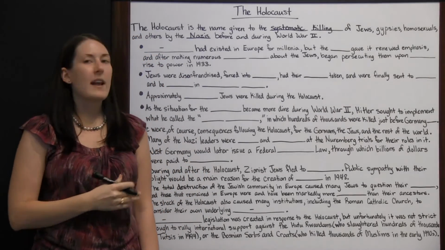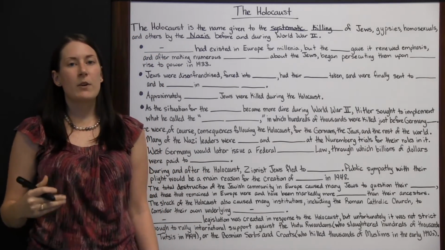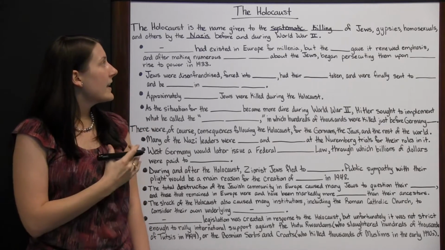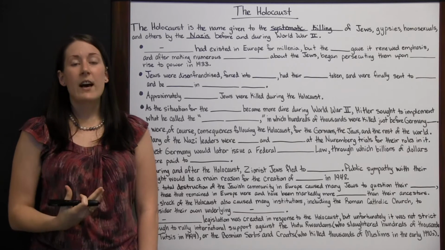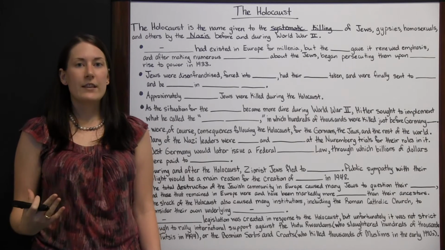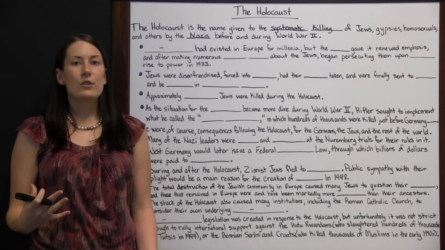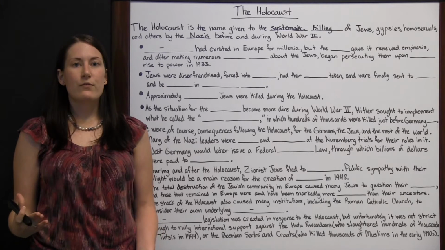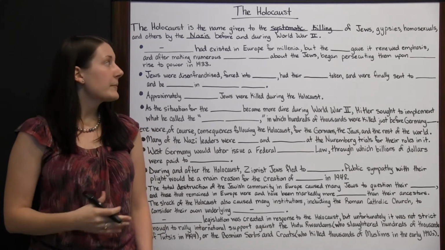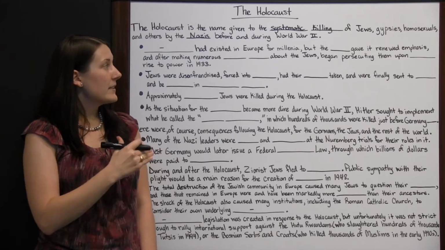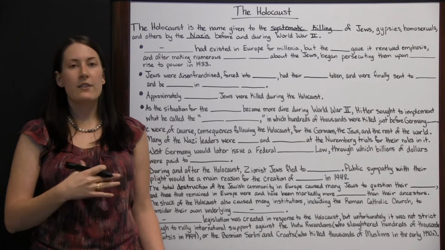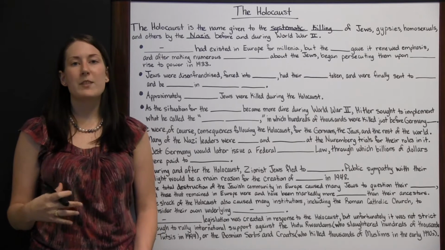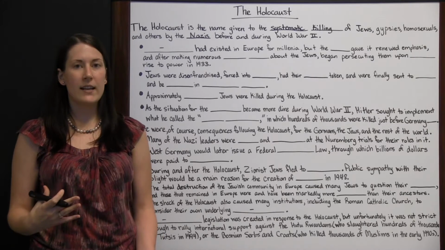So this is something that happened in Germany and German-occupied territory, and the German Nazis were the ones who carried it out. It was their leader, Hitler's, goal to eradicate all Jews from Germany and from Europe. And so it was a systematic killing of Jews, Gypsies, homosexuals, and others. So there were other targets, but it was primarily Jews that were targeted.